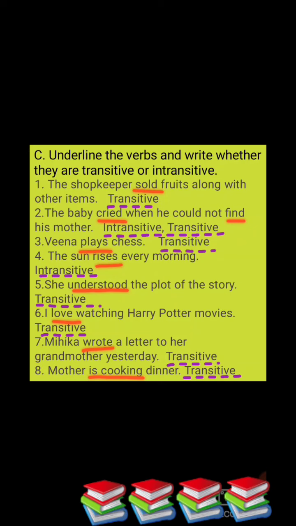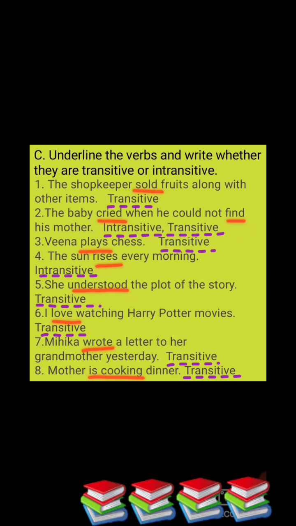I loved watching Harry Potter movies. Loved, transitive, because it needs an object. Mahika wrote a letter to her grandmother yesterday. Wrote is your transitive verb. Mother is cooking dinner. Is cooking is your transitive verb.